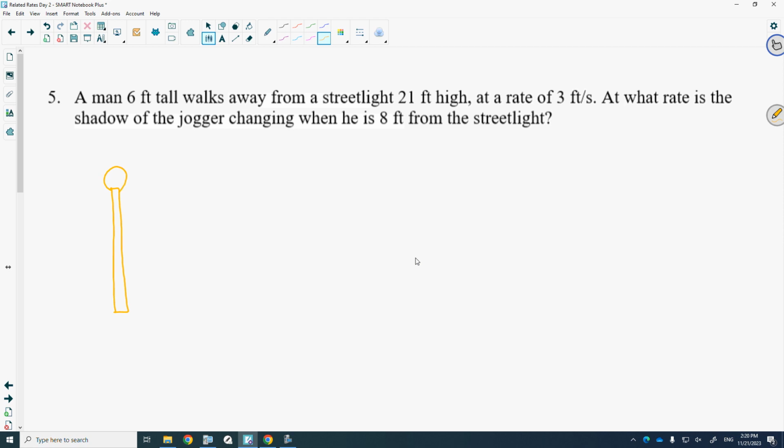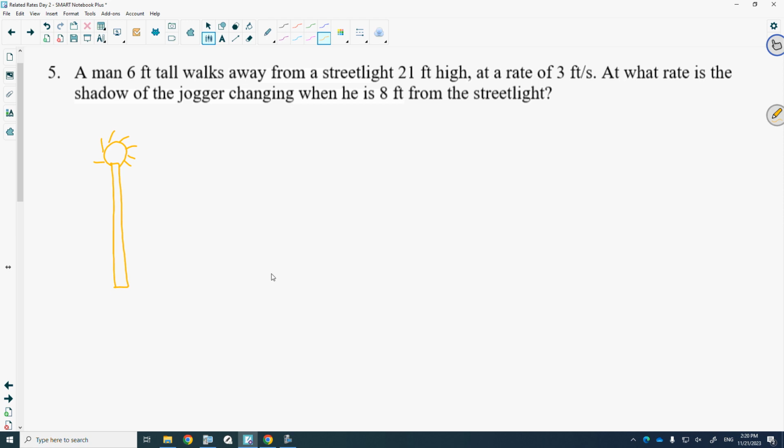Draw yourself a street light. And a street light is 21 feet high, so this distance is 21 feet.